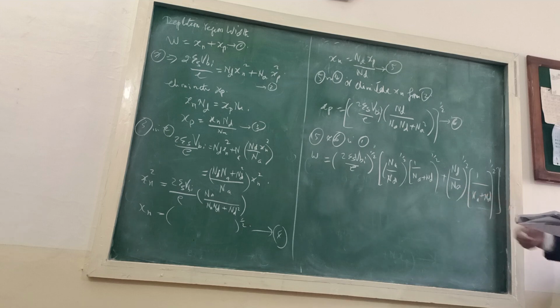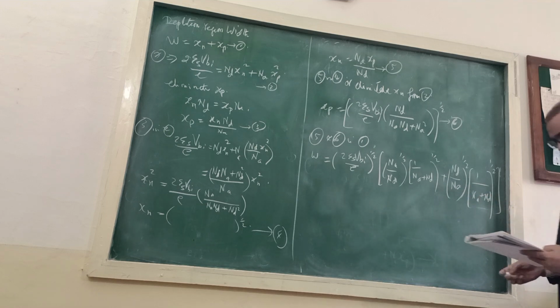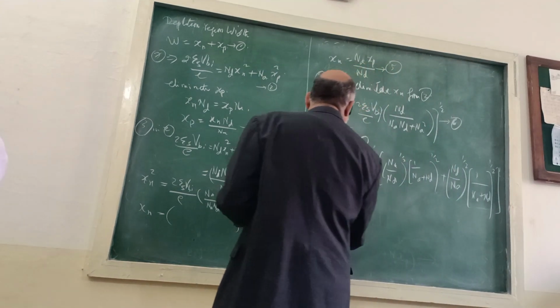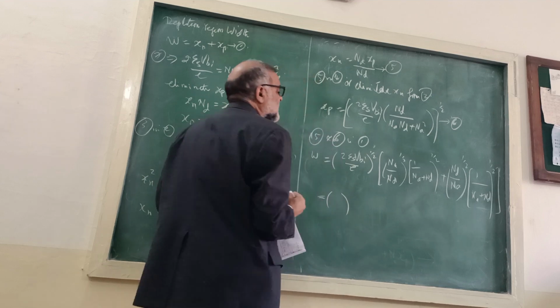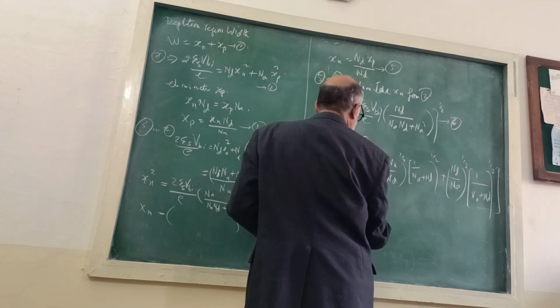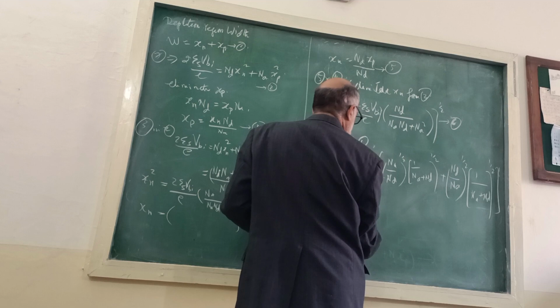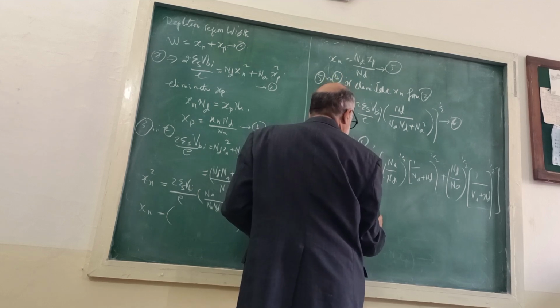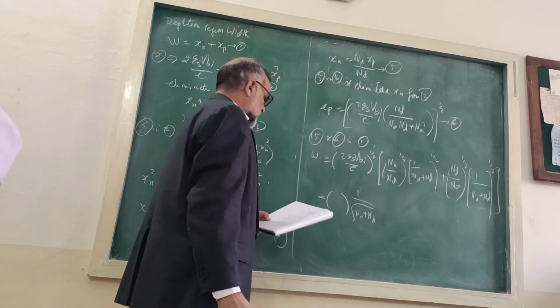Take this common. So this equals this thing. And take this common, 1 over N_A plus N_D.